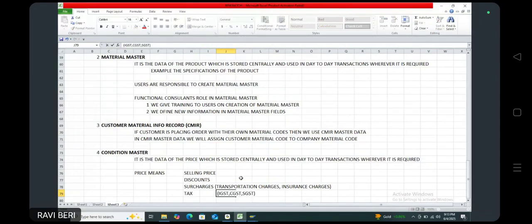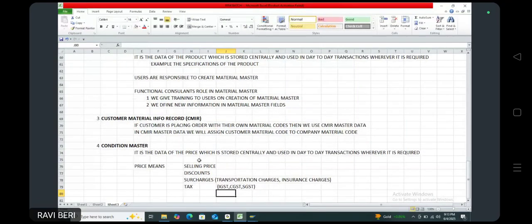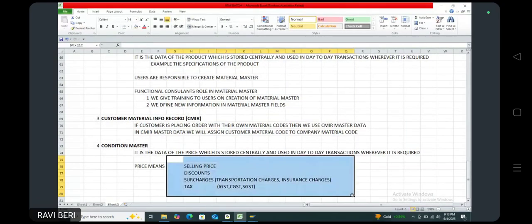So price means all these: selling price, discounts, various surcharges, taxes. So what is condition master? It is the data of the price which is stored centrally and used in day-to-day transactions wherever it is required. Price means selling price, discount, surcharges, tax, etc.